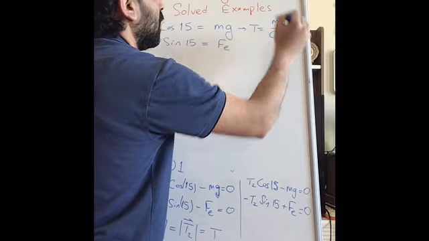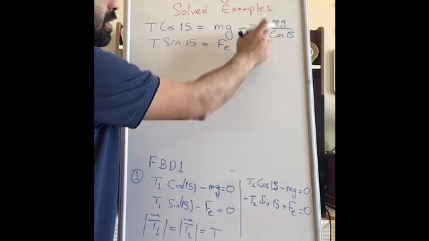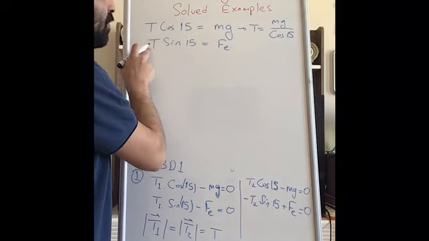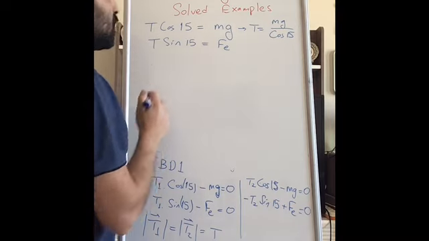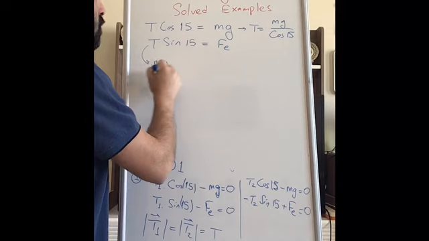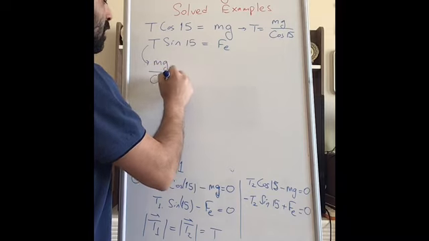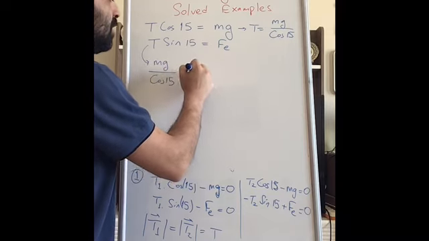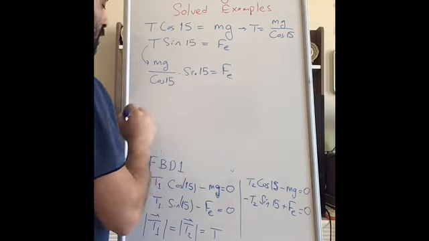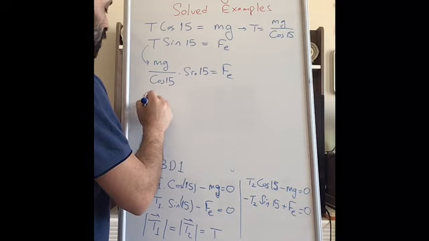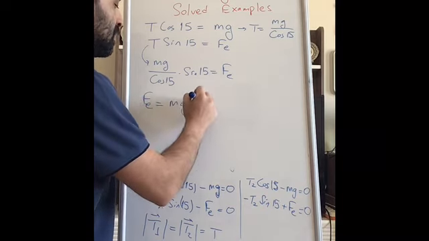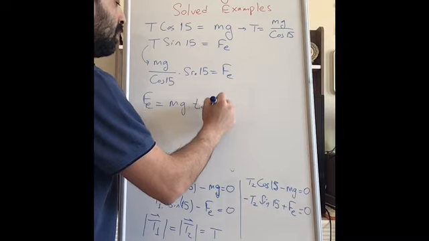All right, so this is cosine, this is sine, and from here I can write T is equal mg over cosine 15, and if I use this equation in the second equation instead of T, if I replace T with this equation, so I will find mg over cosine 15 times sine 15 will be equal the electric force, and from here the electric force will be equal mg times tangent 15.